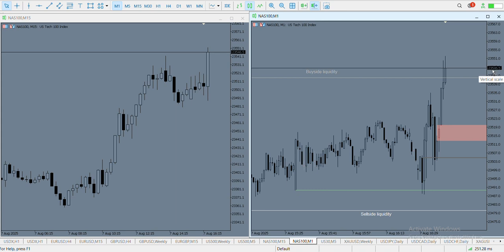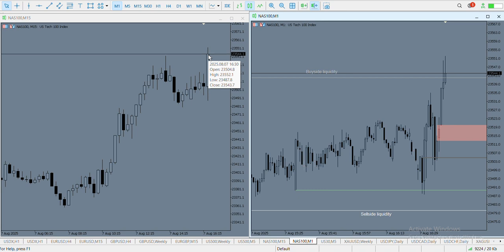So we've headed into 23,545. The current daily high, or the current high that has been formed, is 23,552.1. Very interesting, 52.1.